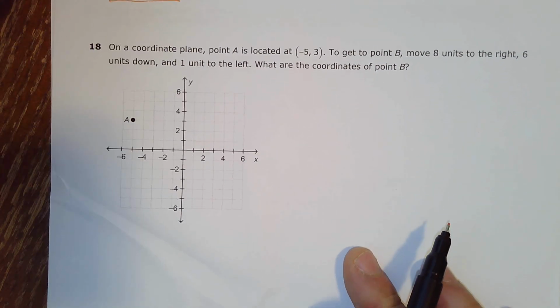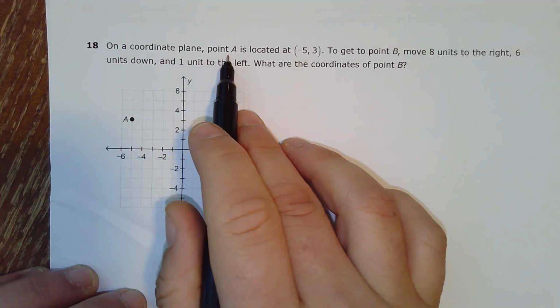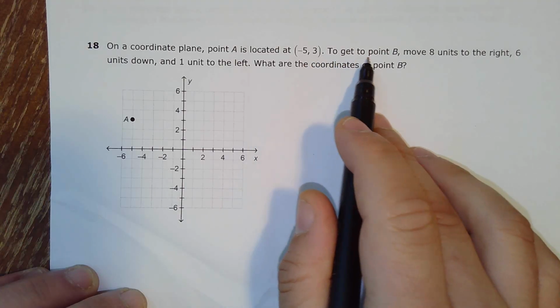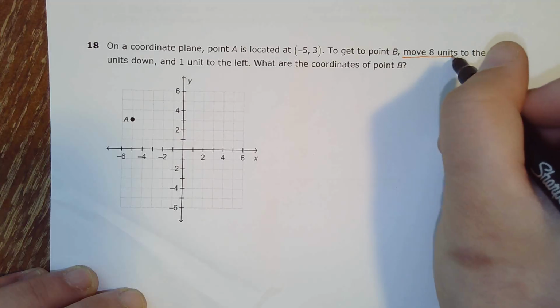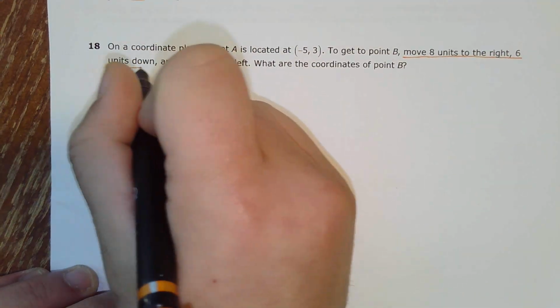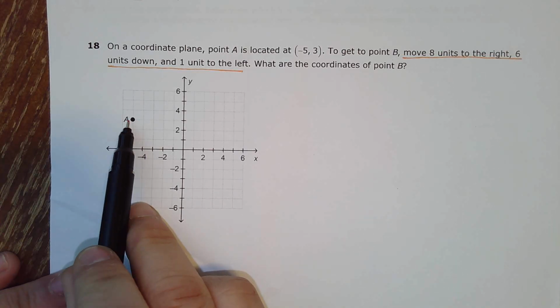Let's go to 18. Okay, so on a coordinate plane, point A is located at -5, 3. To get to point B, move 8 units to the right, 6 units down, and 1 unit to the left. Okay, so we're starting at A. They want us to go 8 units to the right.